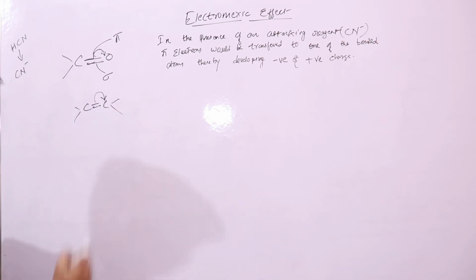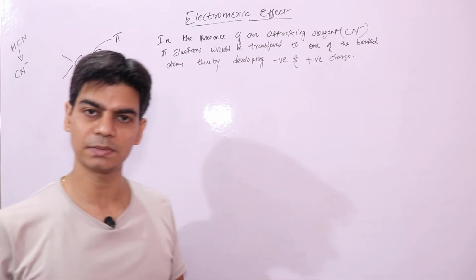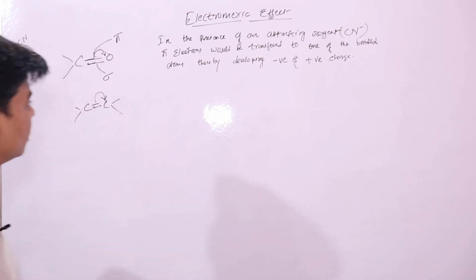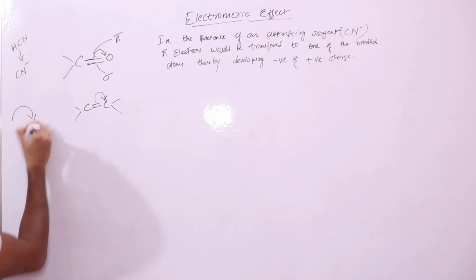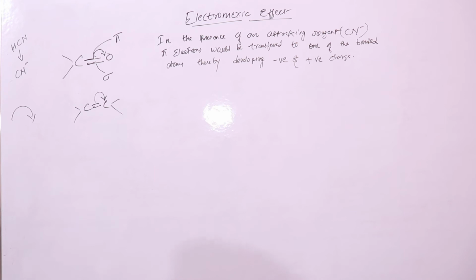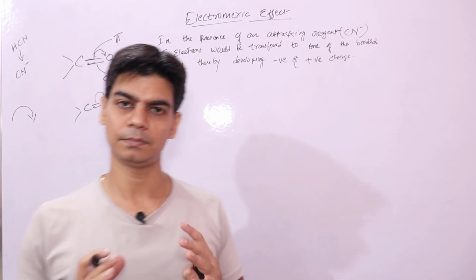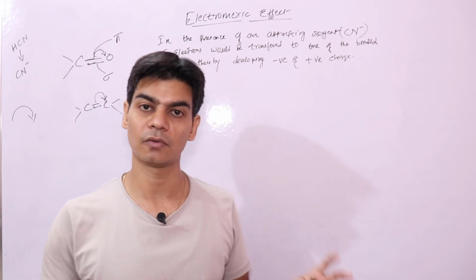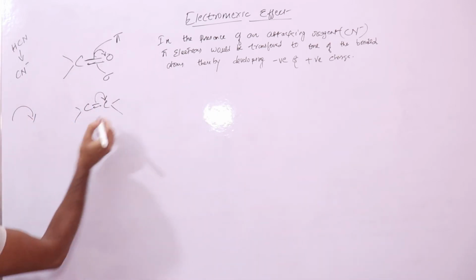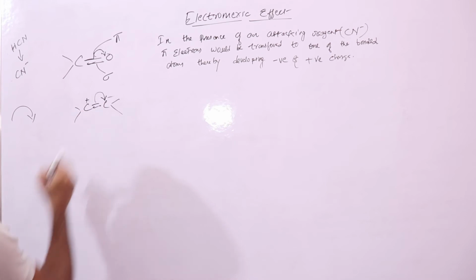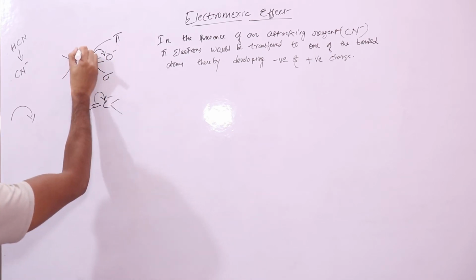And this movement, or displacement of electrons, is shown by a curved arrow like this, pointing towards the atom that has acquired this pair of pi electrons. So this will become negative, this will become positive.